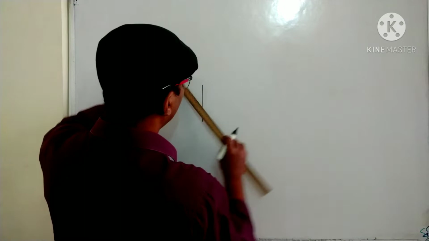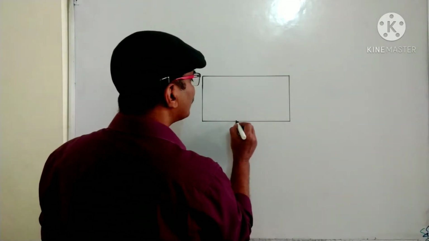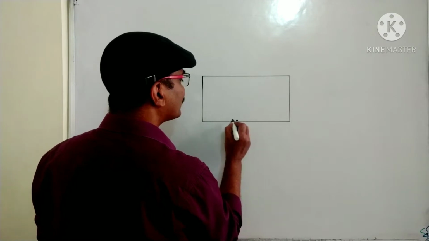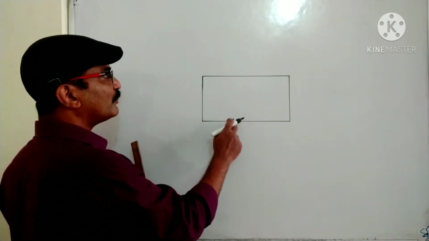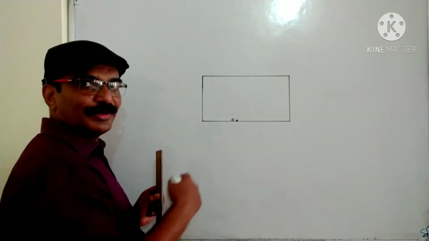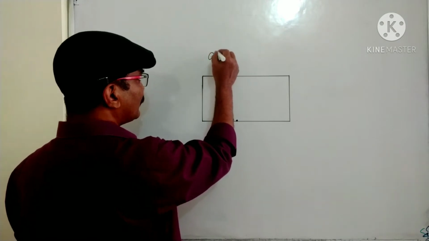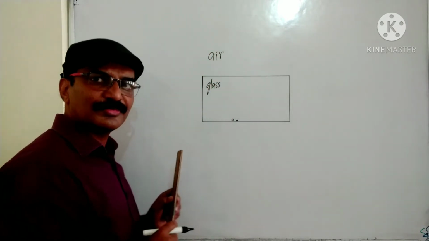See, this is a denser medium, and suppose an object is here. This is an object O, and this object is observed from a rarer medium. This one is a rarer medium. Let me say that this medium is air and this one is glass.